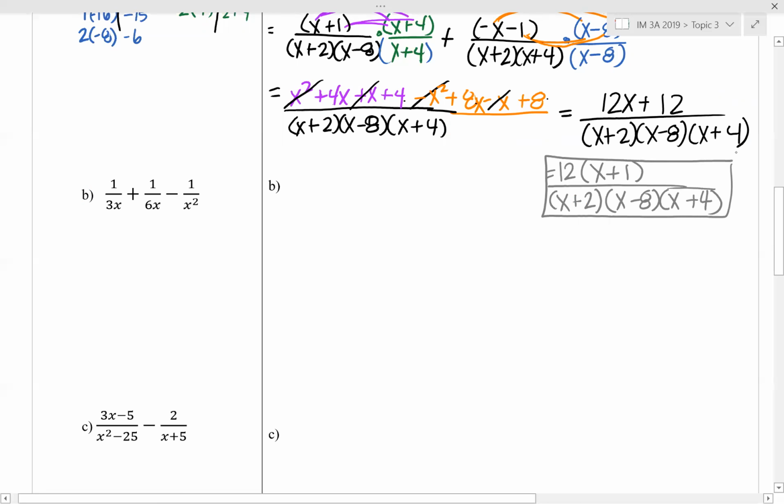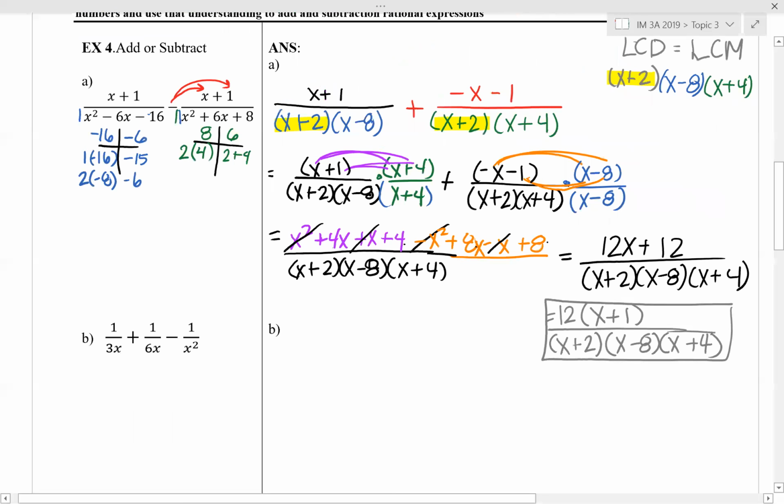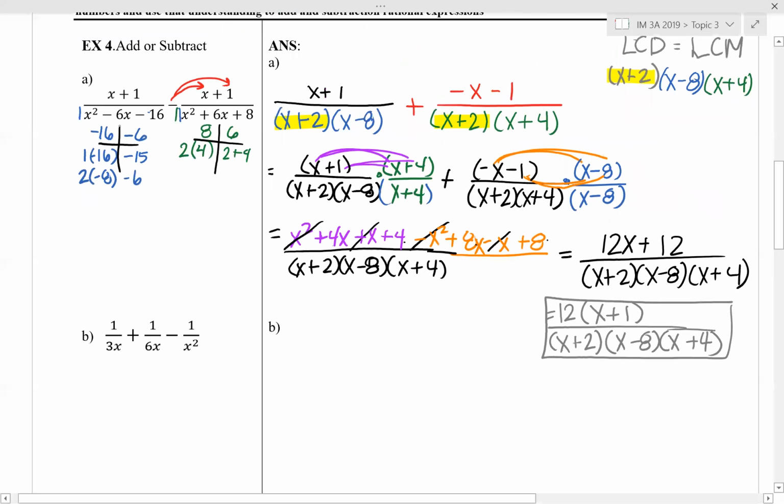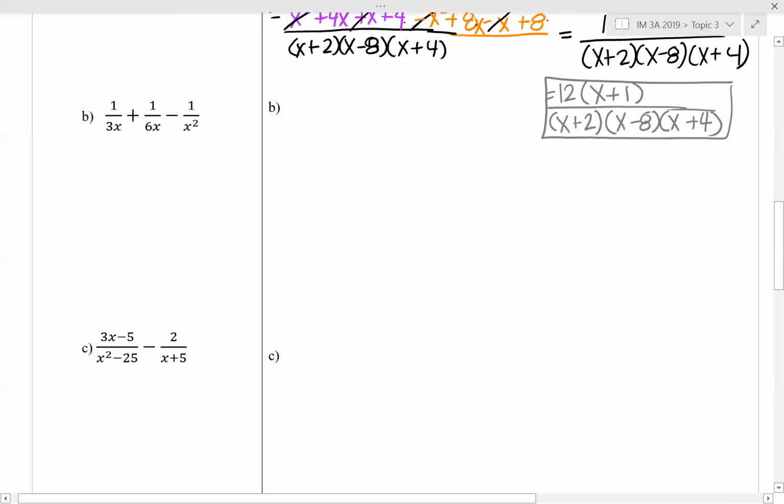I want to look at B because our denominators are very different. So we've been looking at things that we can factor using product sums. In this problem, we can't really factor these other than think about it as like 3 times x, or 6x as 6 times x. I can even break down 6 as 2 times 3 times x.